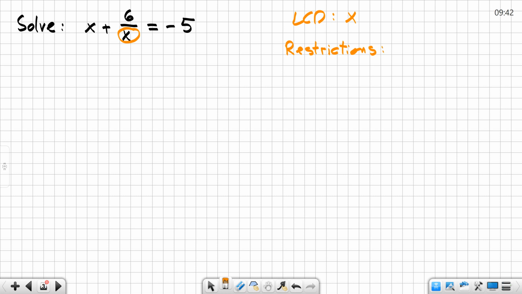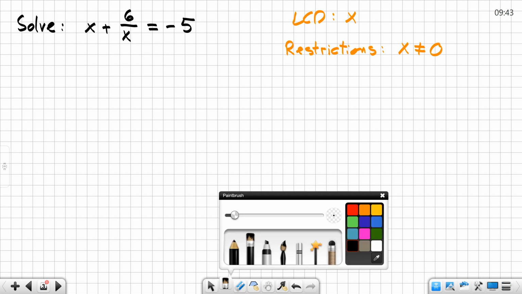The restriction in this case is that x cannot be equal to 0. This is the only bad number right here, because if x is equal to 0, I would have to plug it in right there, and that doesn't work because the denominator is never allowed to be 0.